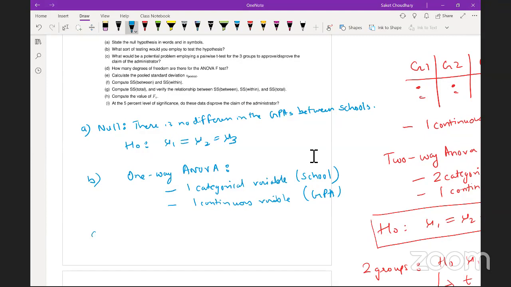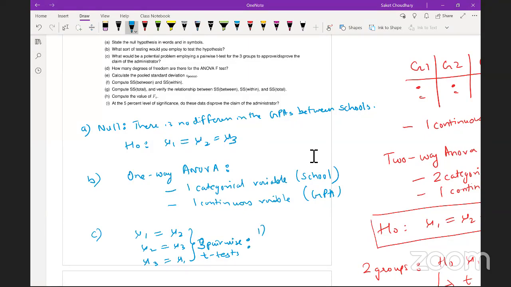Okay, so the next problem is, what would be a potential problem employing a pairwise t-test for the 3 groups to prove or disprove the claim of the administrator? Okay, so if I did multiple t-tests, if I did 3 pairwise t-tests, then there are 2 problems that will happen.